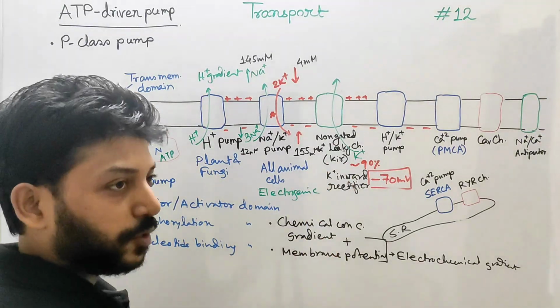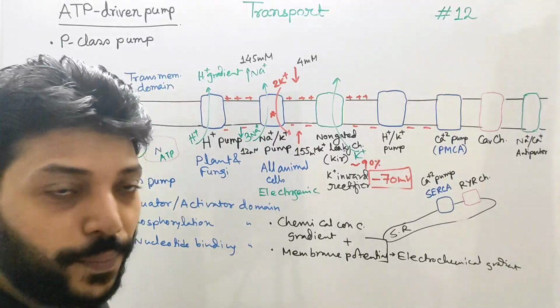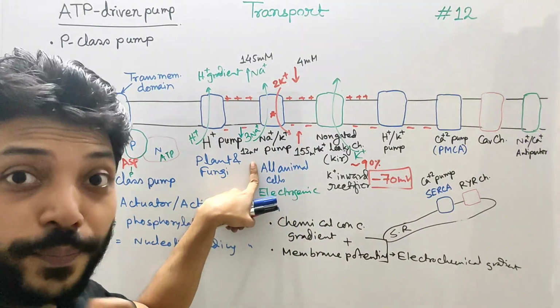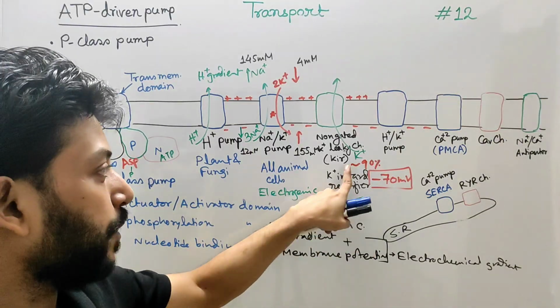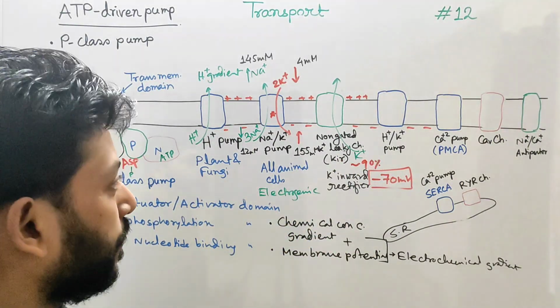Now this is not today's topic, but I have mentioned it because in the generation of resting membrane potential these two factors work. The sodium potassium pump only contributes 10% of the membrane potential, and the 90% is generated by the potassium leaky channels.